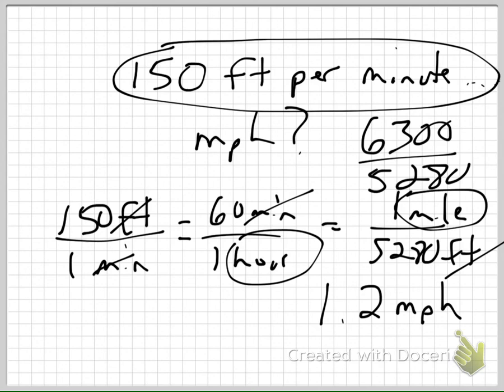That takes you a whole minute to do. Very slow. So slow that in a whole hour at that speed, you would only go a short distance. Right? Anyway. Okay.